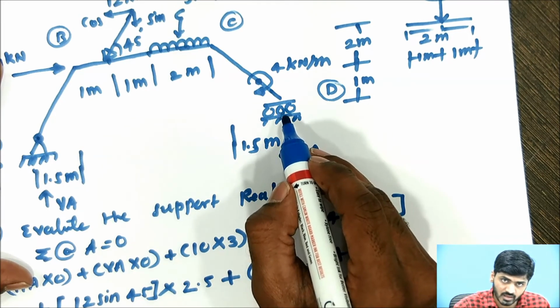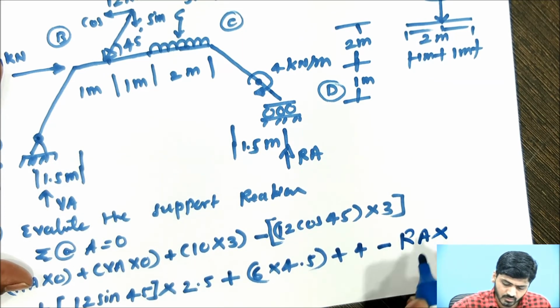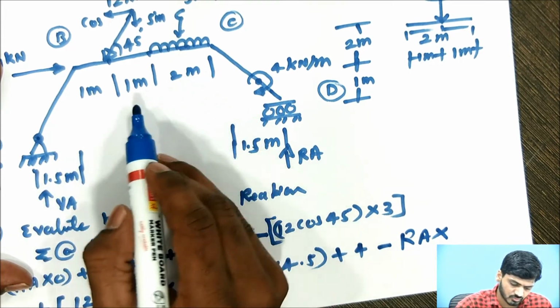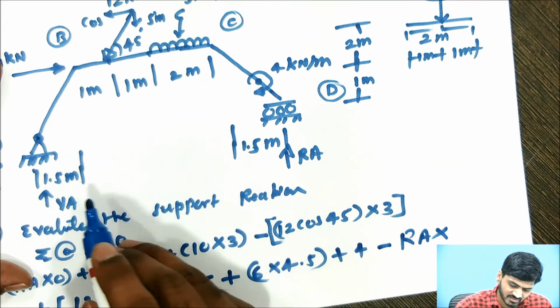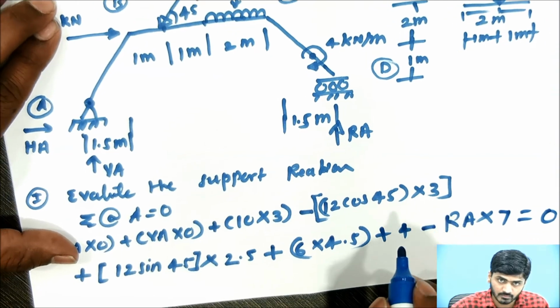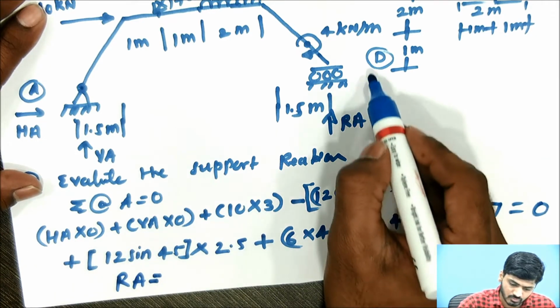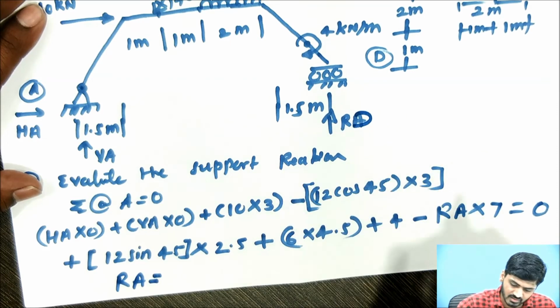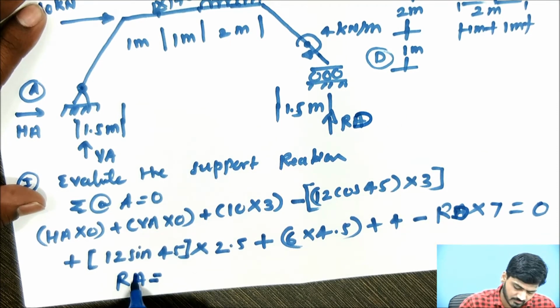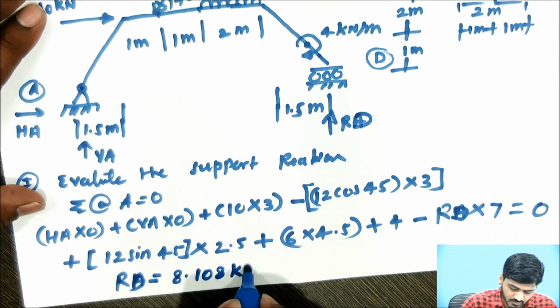Here the reaction moves in an upward direction and we want the total horizontal distance, so minus RA into the horizontal distance, 2, 3, 4, 5, 6, 7. So minus RA into 7 is equal to 0. Let's do the calculation to find the value of RA. Actually this is not RA, this is RD. So we are considering RD, and it comes near about 8.108 kilonewton.